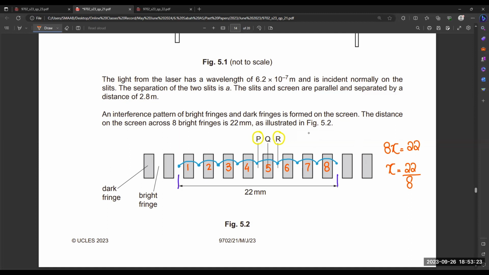Because you know that the width of the dark fringe and the width of the bright fringe is the same, right? And we have to only find out the value of X from this diagram. And if you got the value of the one fringe, that is X, so you can just simply find out the distance between P and R, the distance between two consecutive bright fringes, right? Because we have to find this distance.